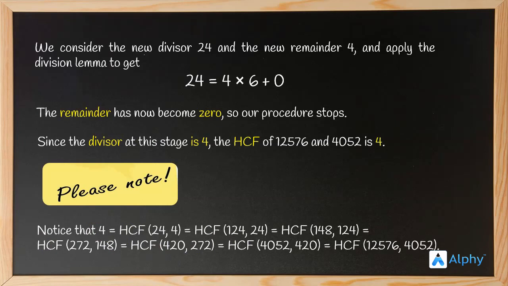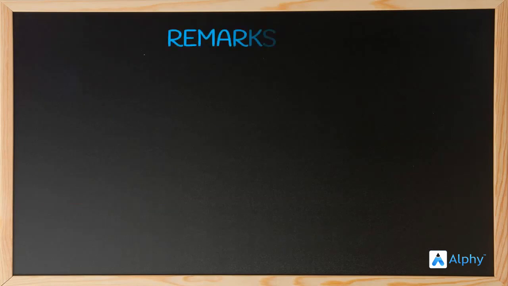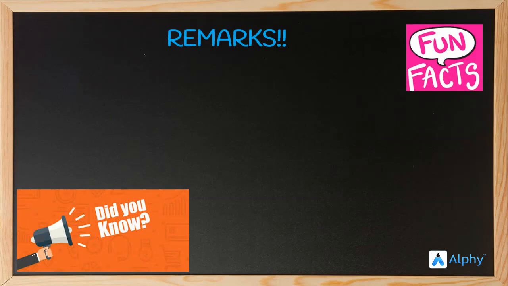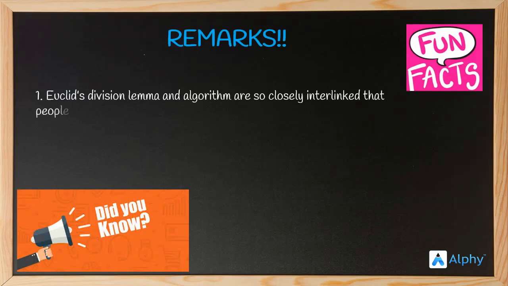That's it. Moving on, I have some remarks for you. You're going to find these very interesting. First of all, Euclid's division lemma and algorithm are so closely interlinked that people often call the former the division algorithm also. So we have also seen that the lemma and the algorithm are actually very similar. They're the same.